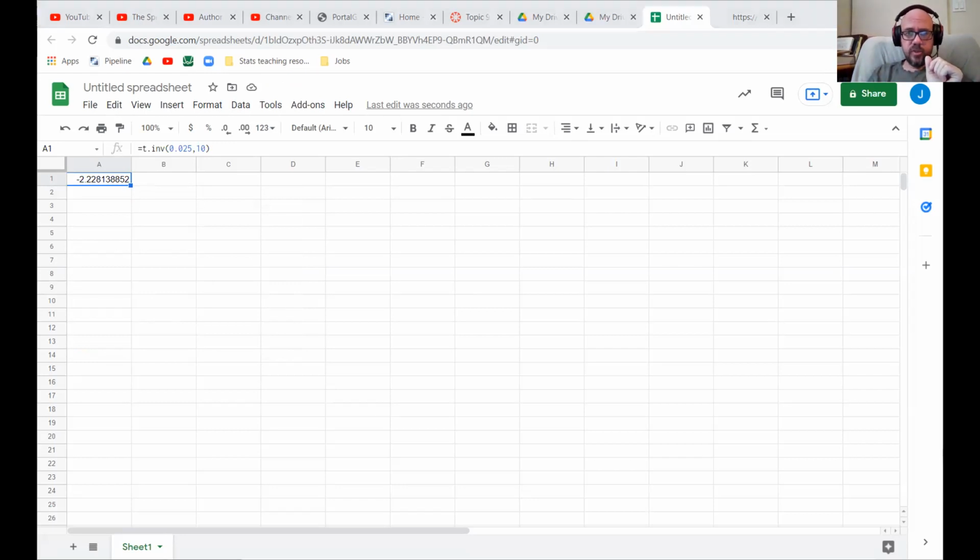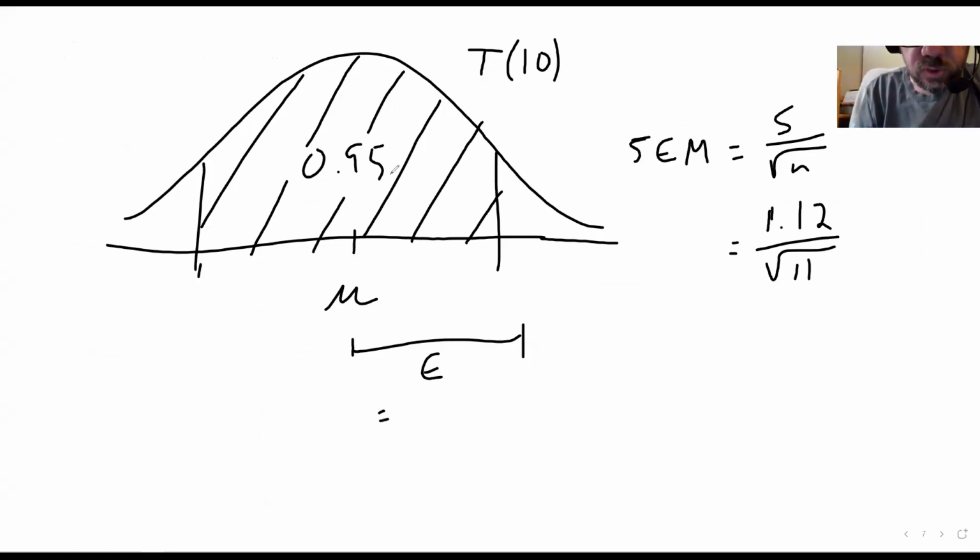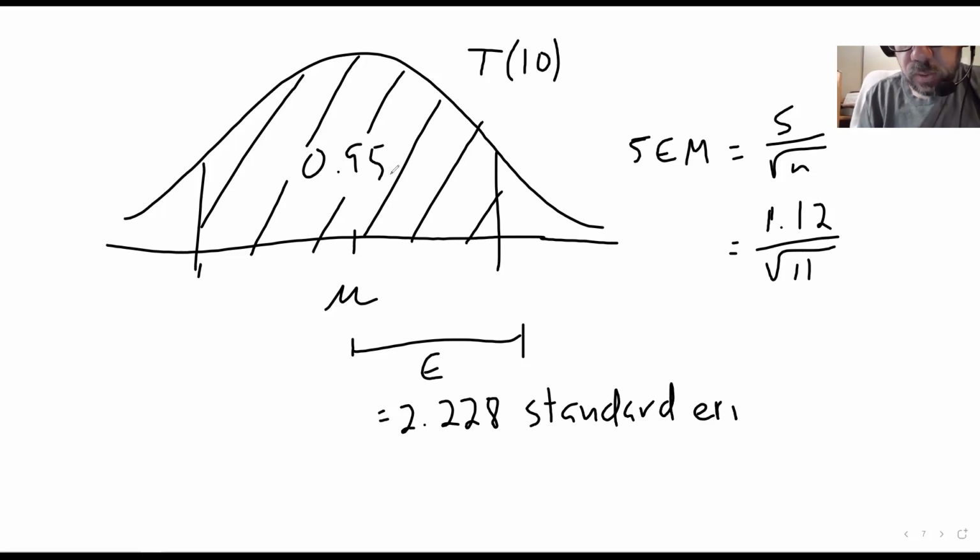So let's go here. So this is equals 2.228 standard errors. Well, one standard error is 1.12 over the square root of 11. So I need to take 1.12 over the square root of 11 to find the size of the standard error, times the number of standard errors I need to go on either side, 2.228.